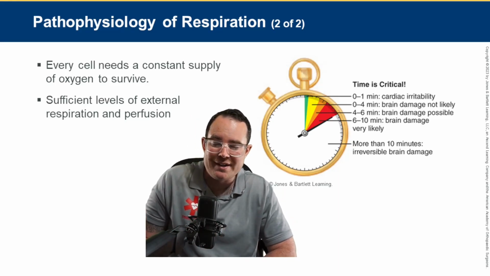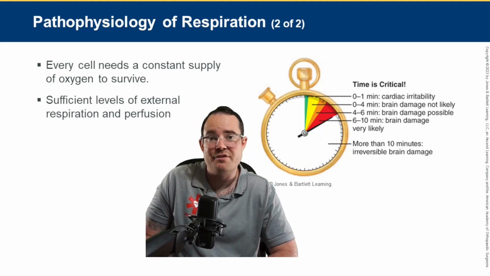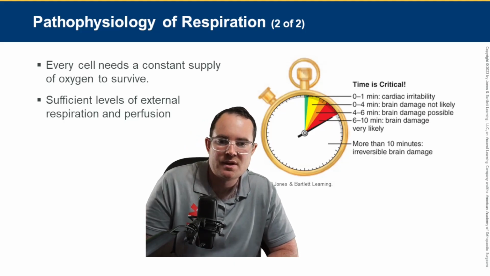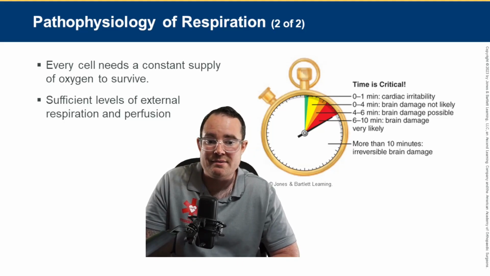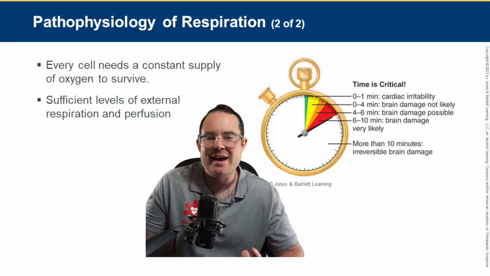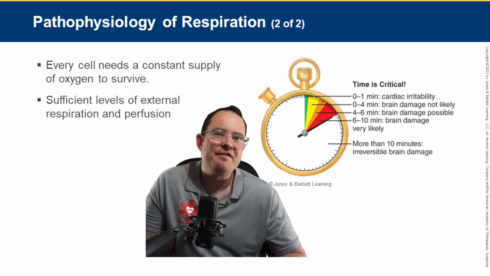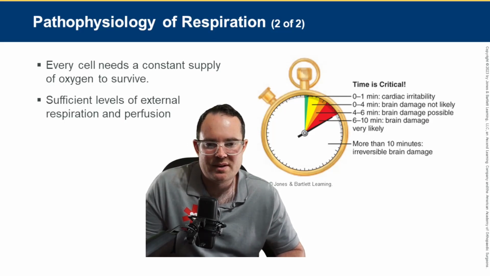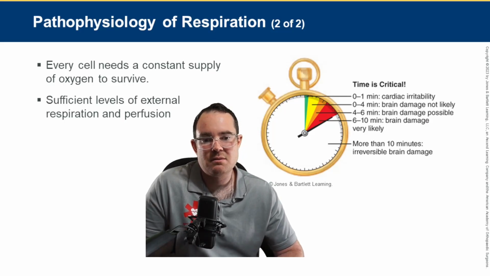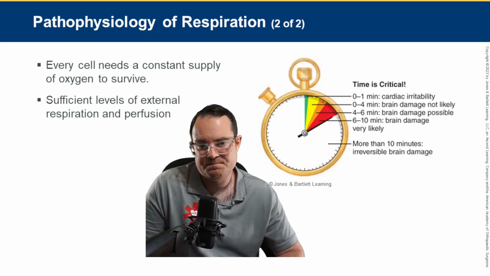And an irritable heart can have a higher chance of throwing a cardiac dysrhythmia, right? It says 0 to 4 minutes, the brain, damage is not likely by the 4 minute mark, but there starts to become an effect to your brain within that amount of time. At 4 to 6 minutes, brain damage is possible.